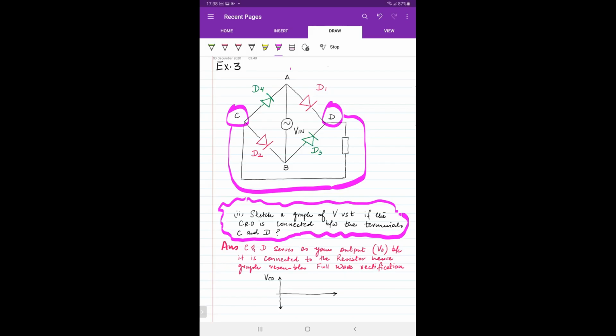Hence, the graph will be that of a full wave rectification. Since CD serve as your output terminals because they are connected across the resistor, the graph must resemble the shape of a full wave rectification, the shape that is observed at the output. इसका ग्राफ ये बन जाएगा.